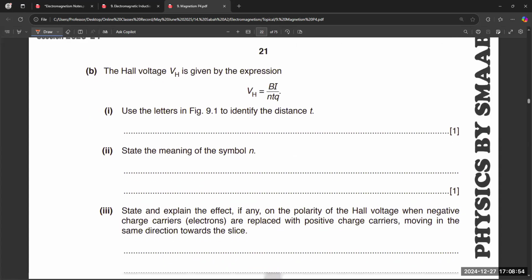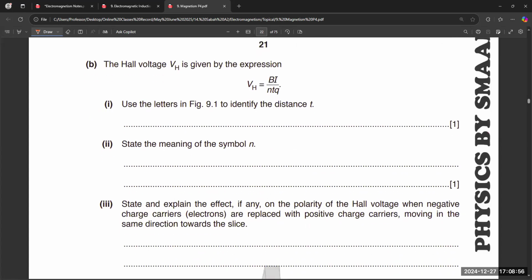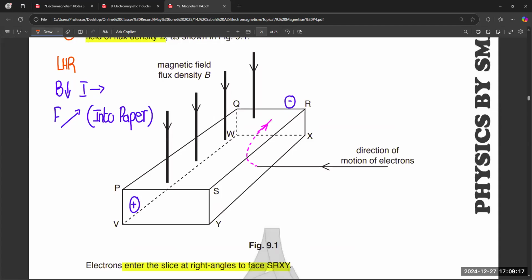Again, you can see they are asking the same type of question, the name of the symbols. So in B part 1, use the letters in figure 9.1 to identify the distance T. Which face represents T?